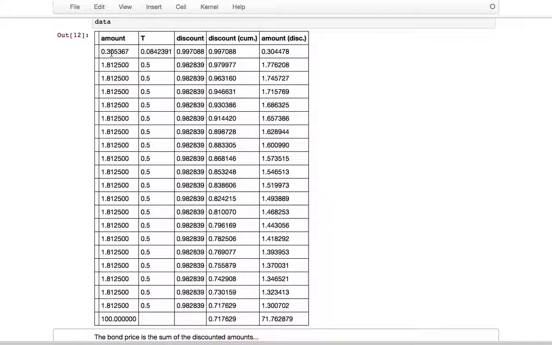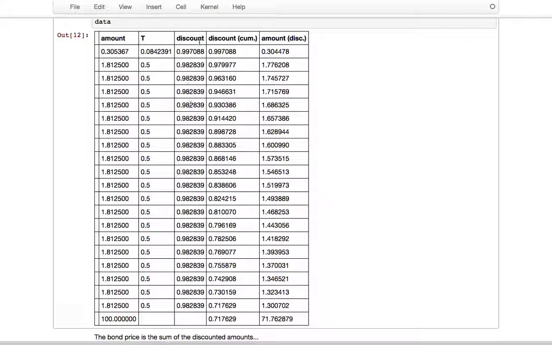So these are the amounts of the coupons, the accrual periods, which is half a year for all of the coupons except for the first, which has this value. This is the corresponding discount, so this is based on the 0.5, and so is this one.